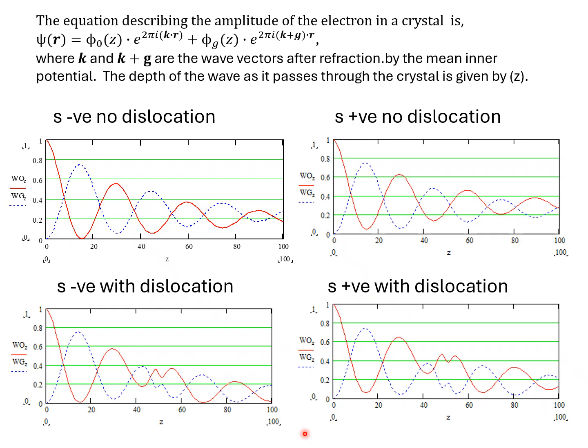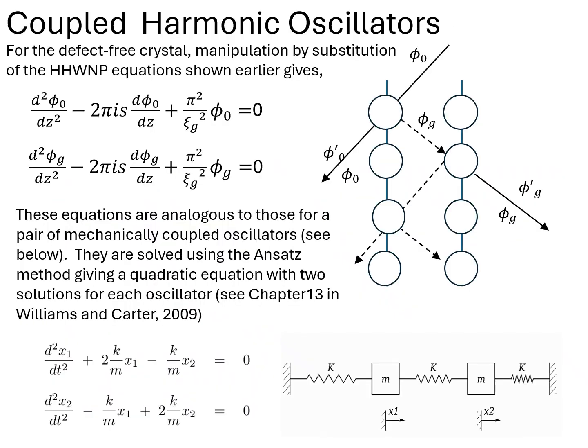So the time factors out, and we're just looking at the distance. But in doing that, we can come up to a solution because it's a static solution for those wave equations. Now it turns out for the defect-free case, let's not complicate it now, where there are no dislocations or stacking faults.